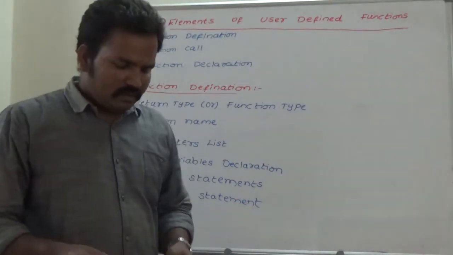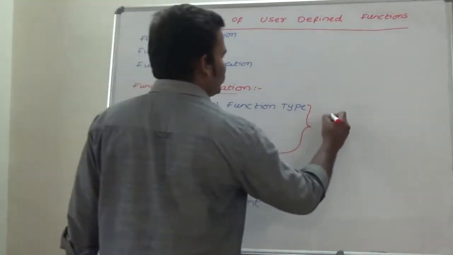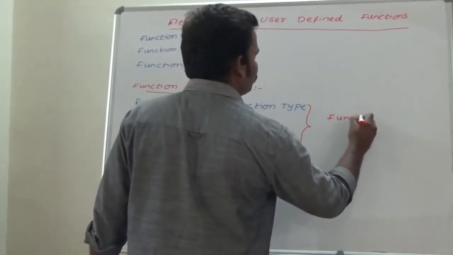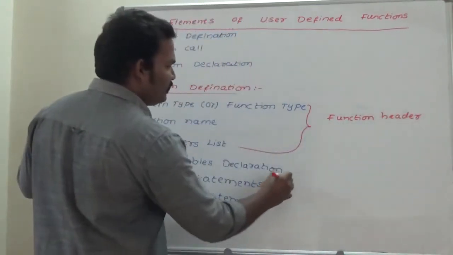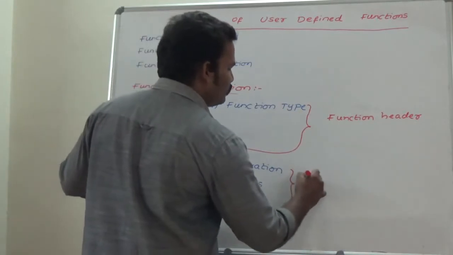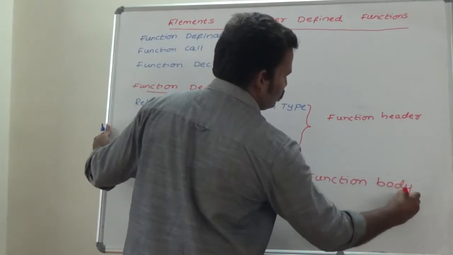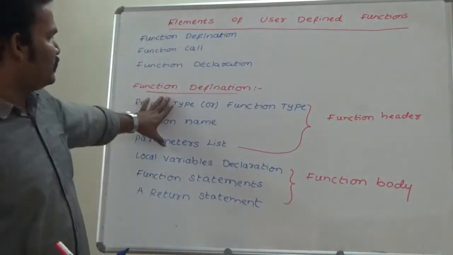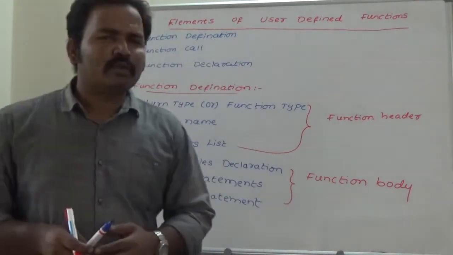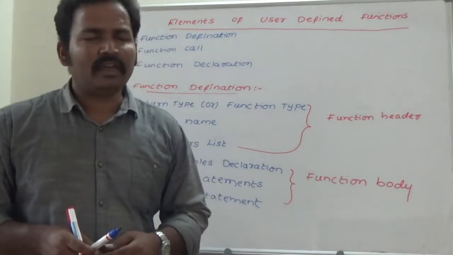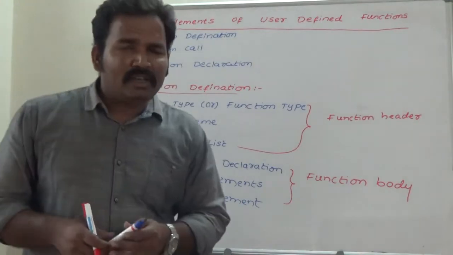Here the first 3 elements are grouped as function header, and the remaining 3 elements are grouped as function body. Now I will explain each and every element in detail.